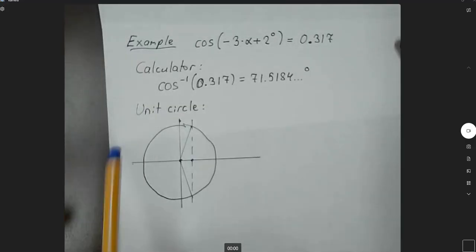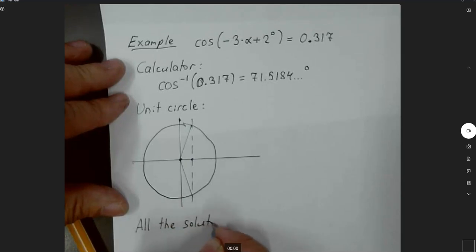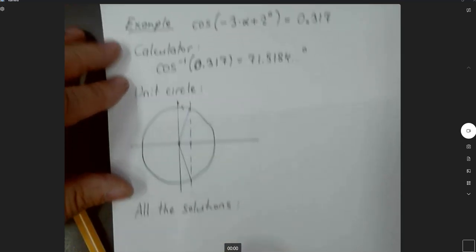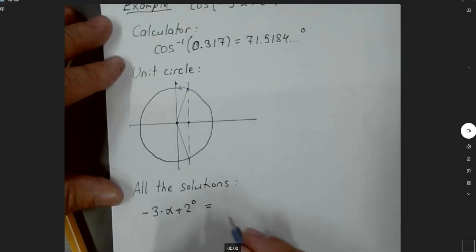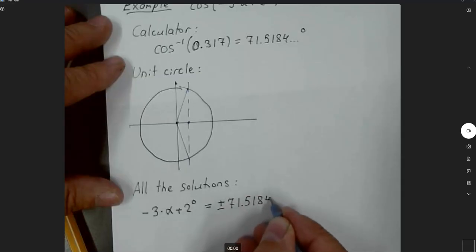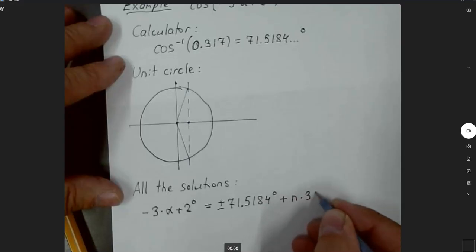So all the solutions will be minus 3 times alpha plus 2 degrees equals plus minus 71.5184 degrees plus n times 360 degrees.